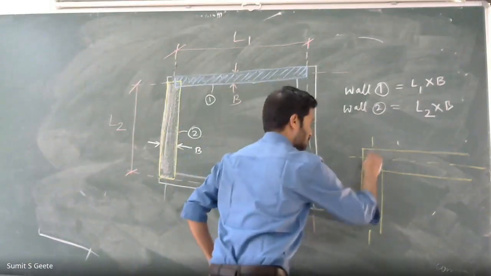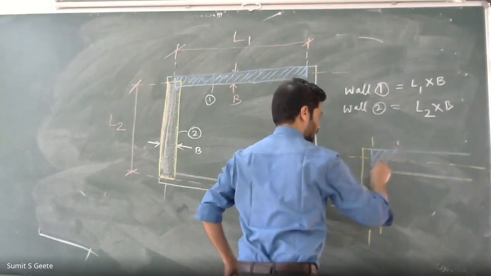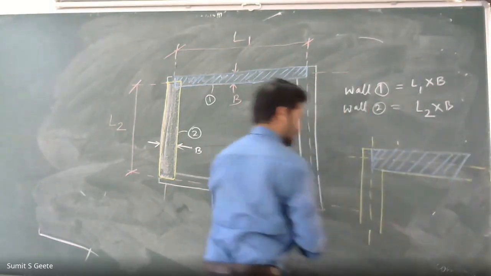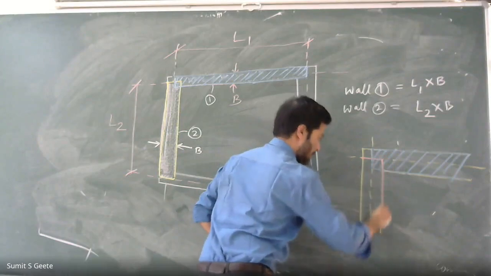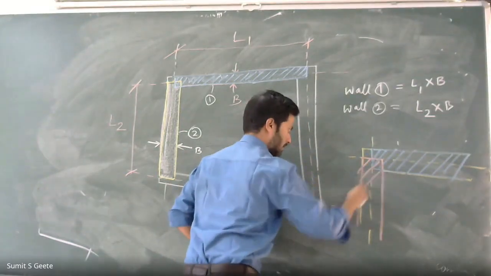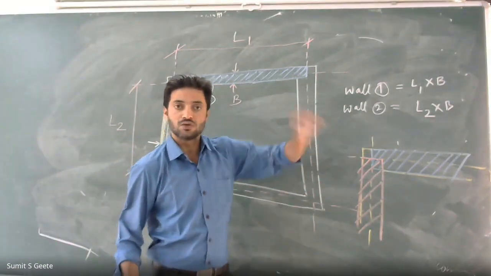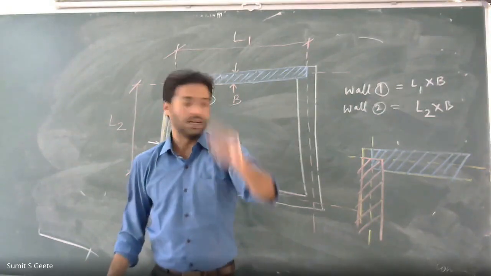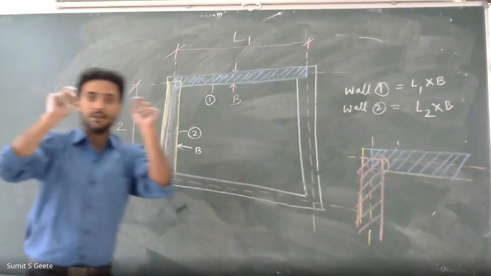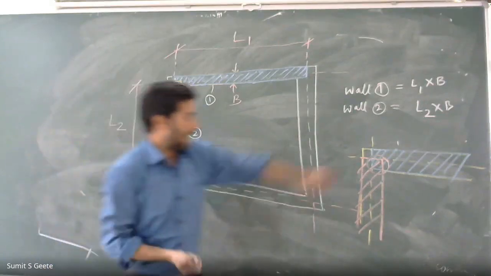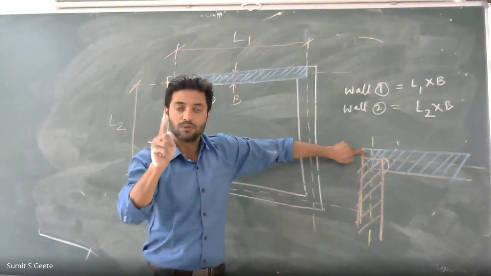So this portion is hatched and this portion is again hatched. But this portion is remaining, this corner portion is remaining. But now you can see that this portion is repeated twice, and this portion is not repeated, which should be there. So what happened?